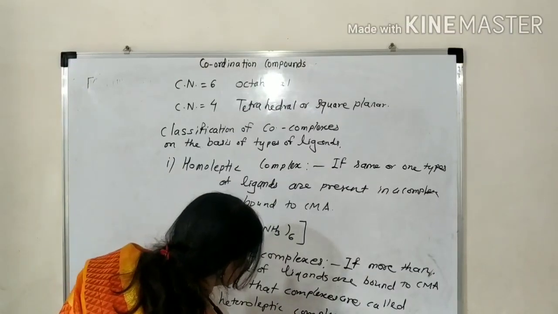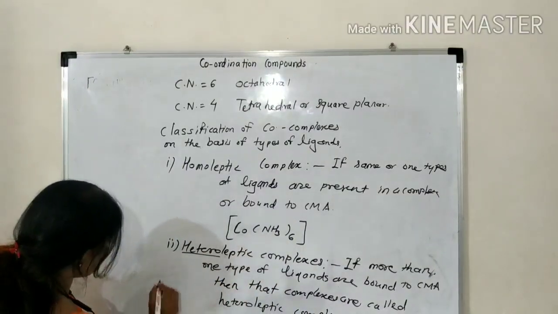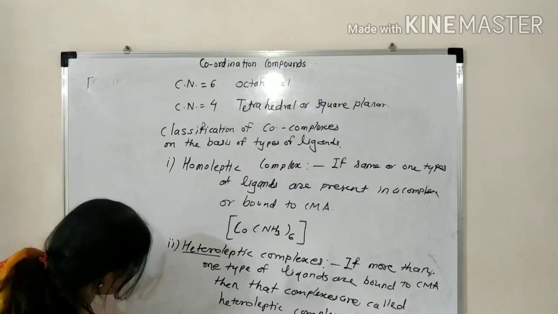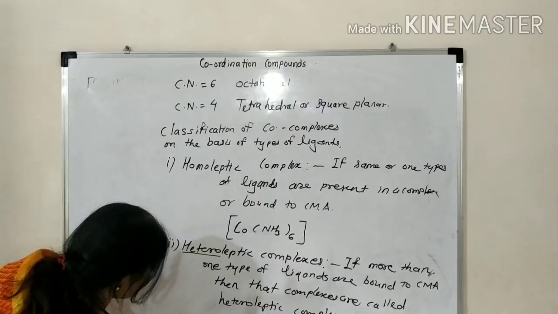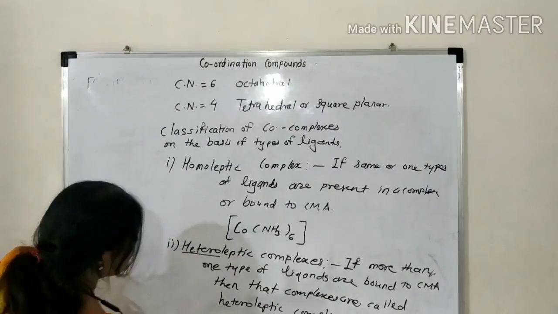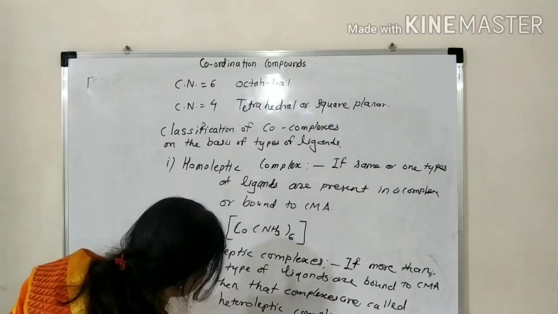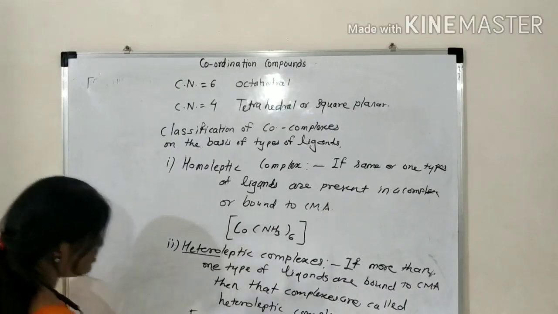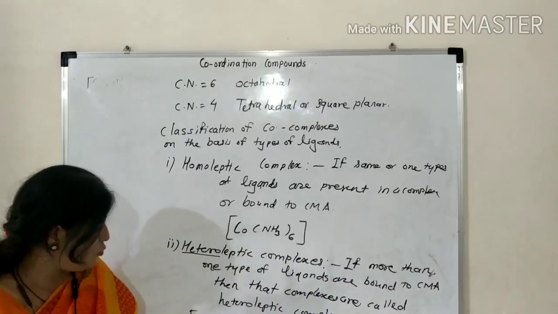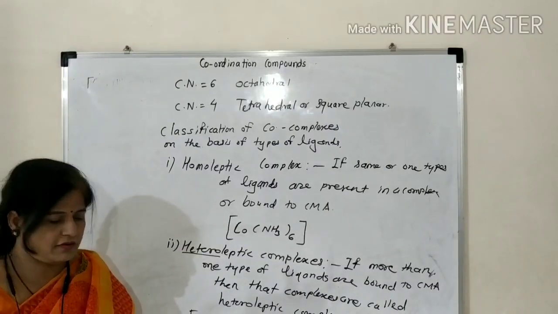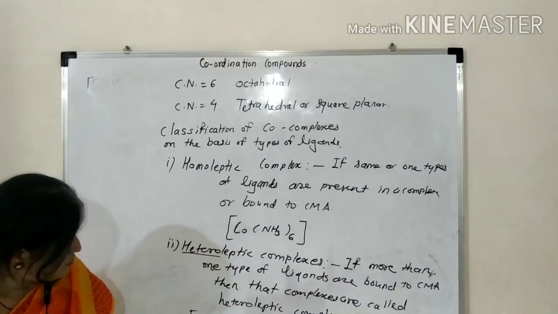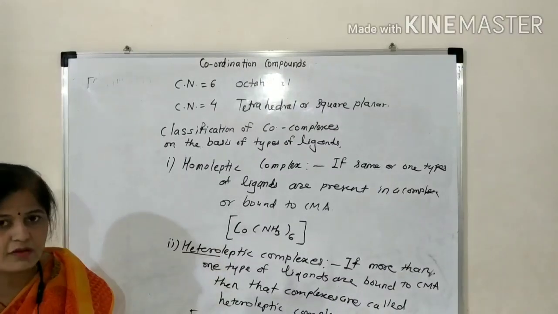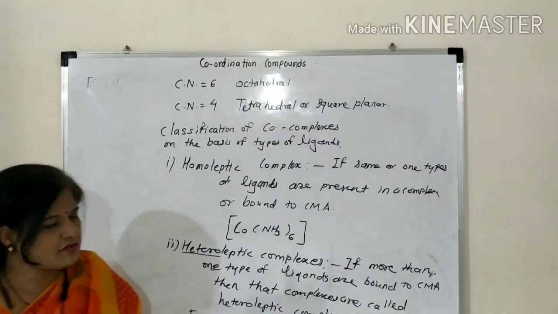For example, we have taken here cobalt (NH3)4 Cl2. In this compound, 4 ammonia are ligands and 2 chloride are ligands, so one type is ammonia and another is chloride.